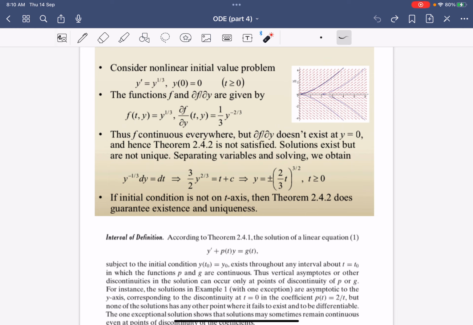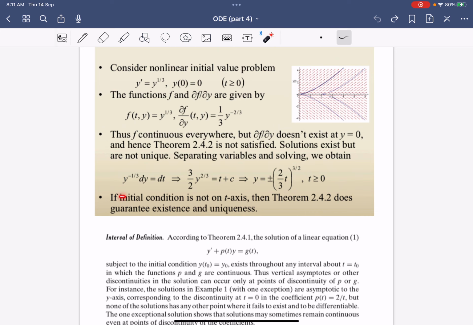In whatever interval about 0 we take, there will be points near it where the partial derivative is not continuous, or does not even exist. Because the theorem is not satisfied, the solution exists, as we can show by the variable separable method, but the solution is no longer unique. That's how we can see that the theorem fails.